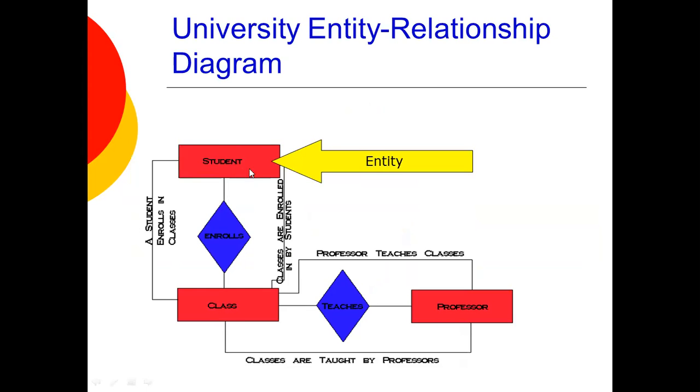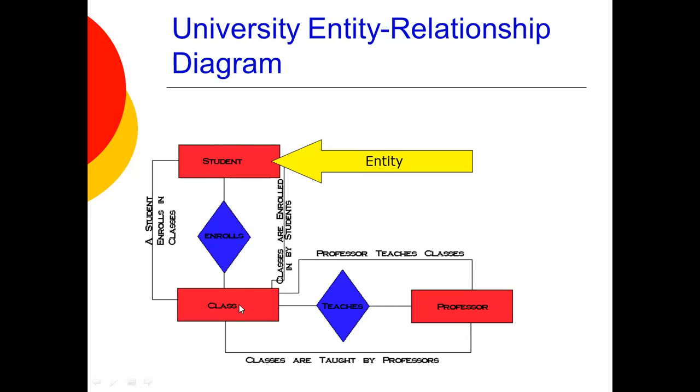Now you can see this is student, and this indicates an entity. Again, the rectangular shapes are the various entities, and this is the diamond shape, which indicates a relationship.